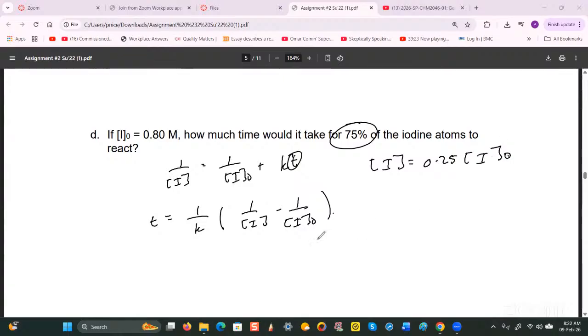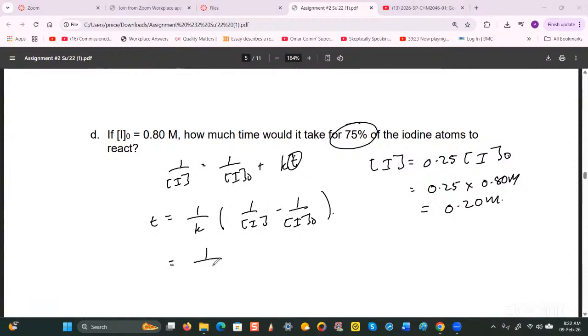We can calculate this first. The initial concentration of iodine is 0.80 M, so that works out to 0.20 M. Now we can plug all the numbers in.